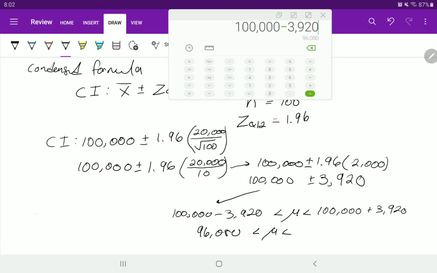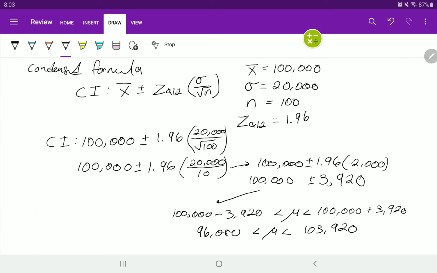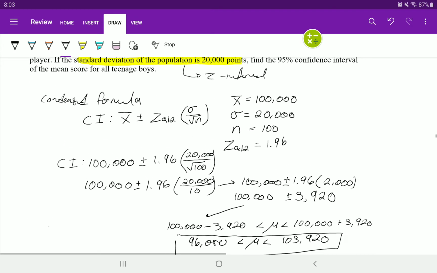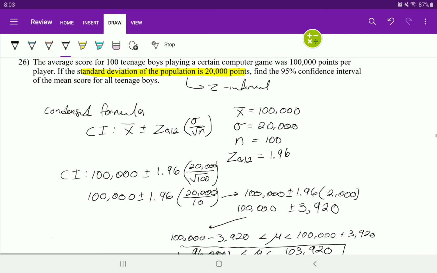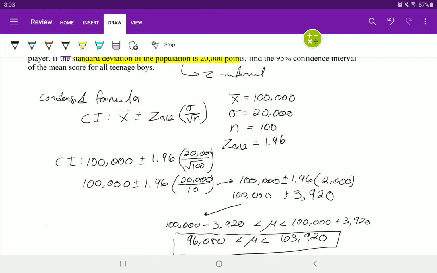Mu. I'm going to change the sign in the middle. Plus 3,920 now. When I add that, that's going to be 103,920. So, based on my confidence interval, we are 95% confident that the true mean of teenage boys playing the computer game is going to be between 96,080 points and 103,920 points.